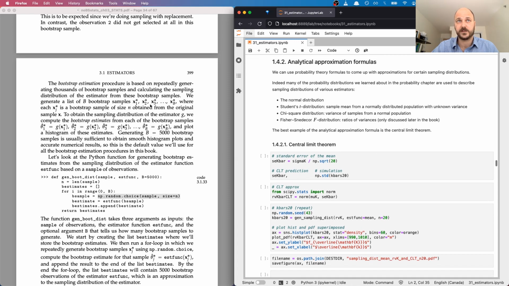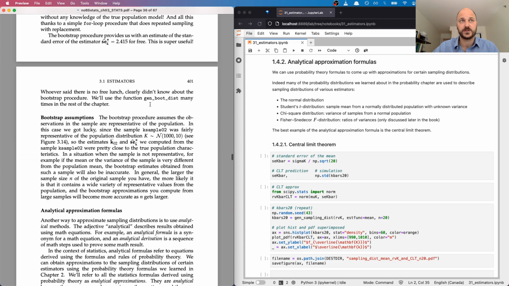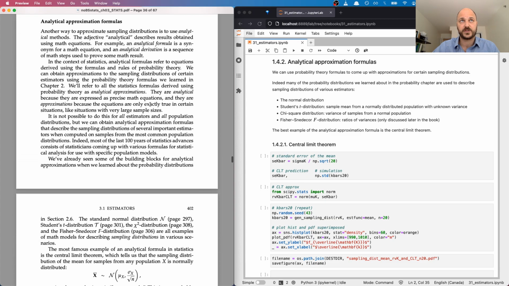There's a second way. The classical way to estimate sampling distributions is called the analytical approximation method. This is what statisticians did for hundreds of years. They said, I want to have a formula that approximates the sampling distribution. So this is an example.